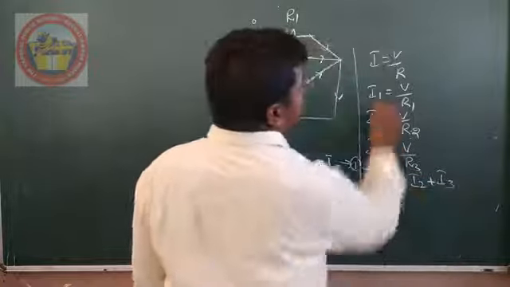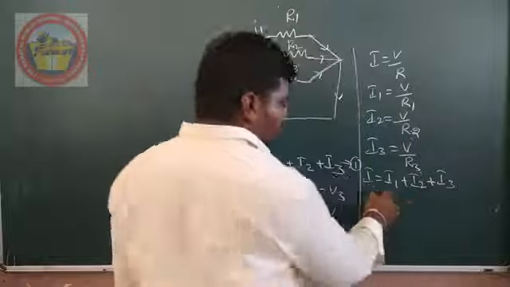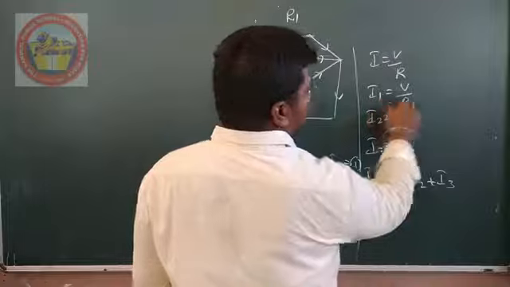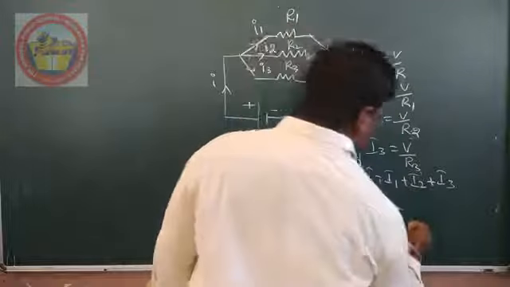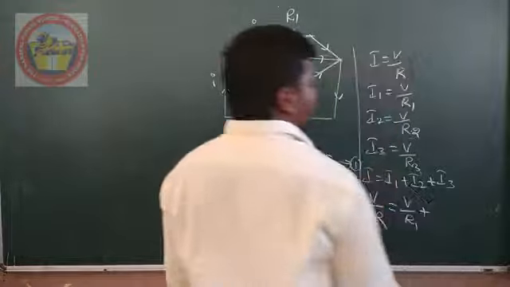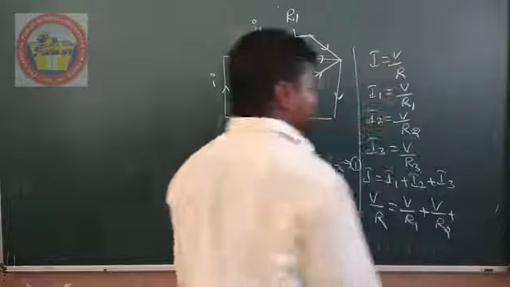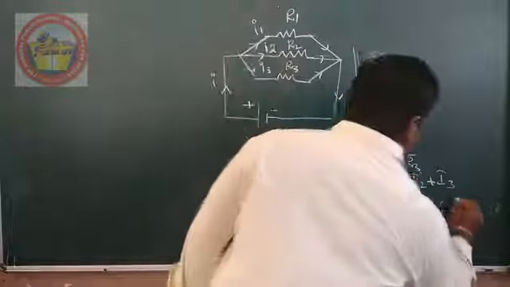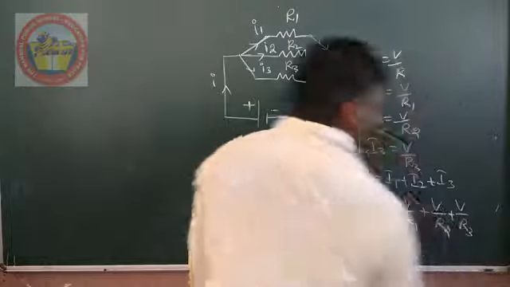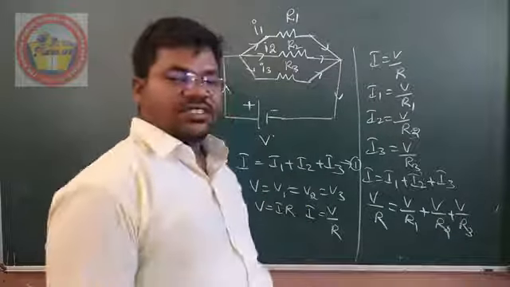What is I? V by R. That is equal to I1, which is V by R1, plus I2, V by R2, plus I3, V by R3. Here V1, V2, V3 have the same value.